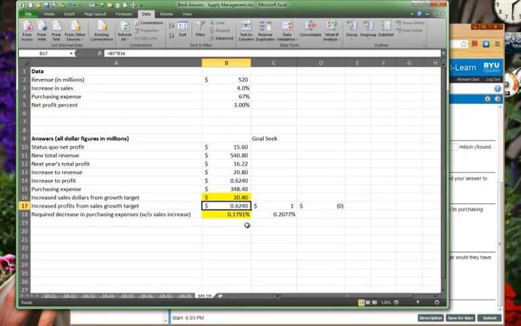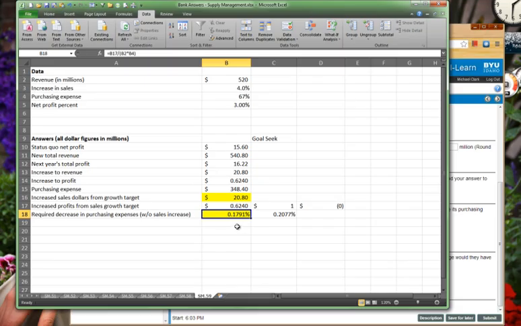Now to figure out how much purchasing would have to decrease on a percentage basis in order to get that same benefit to the bottom line of $0.624 million, we merely take the amount of increased profit from higher revenue, again $0.624 million, and we divide that by the revenue times the purchasing expense percentage.